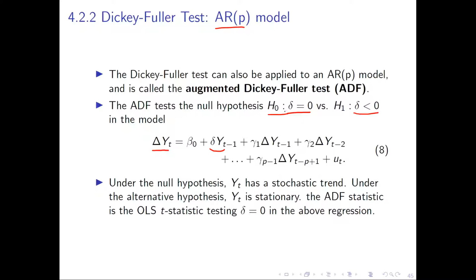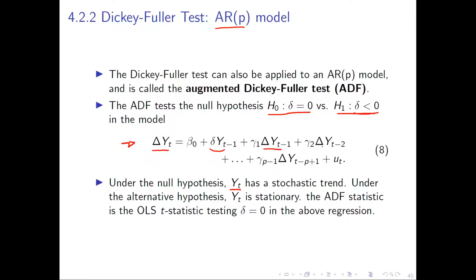Whereas we work with the levels, if we reject the null hypothesis of a stochastic trend and adopt the alternative hypothesis. And what you see here in the augmented Dickey-Fuller equation is that the change in y is modeled by the intercept and the lagged value of y and these differences.